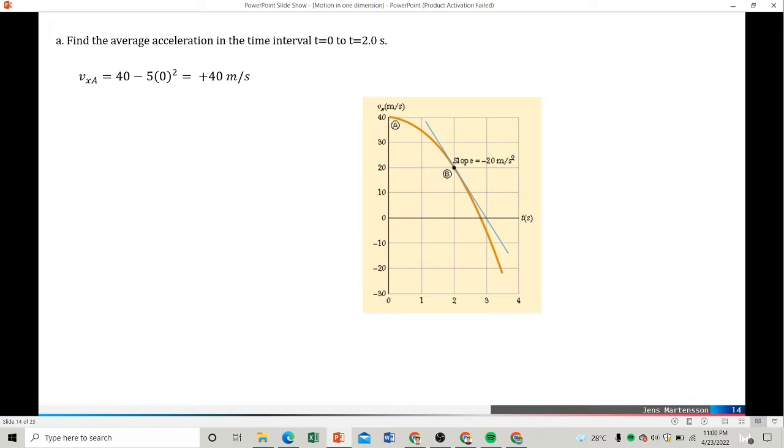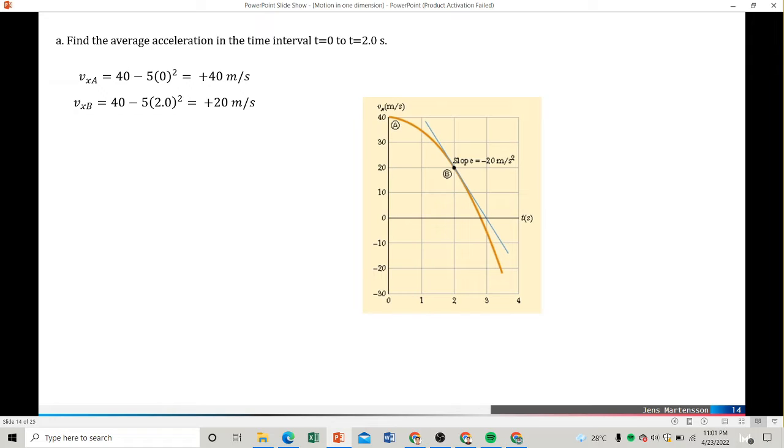So first, let us calculate the initial velocity at time t equals 0 using the equation given in the problem, which is 40 minus 5t squared. 40 minus 5 times 0 squared is equal to positive 40 meters per second.